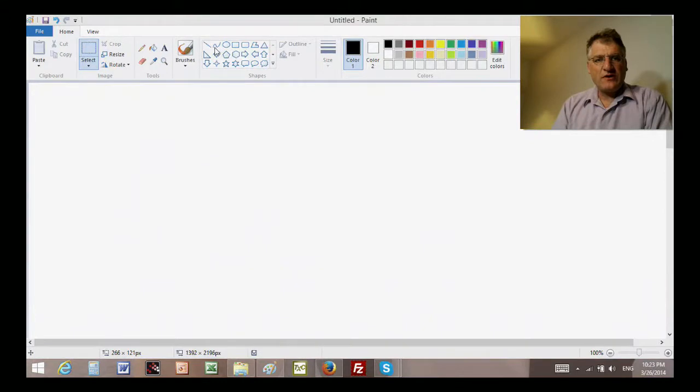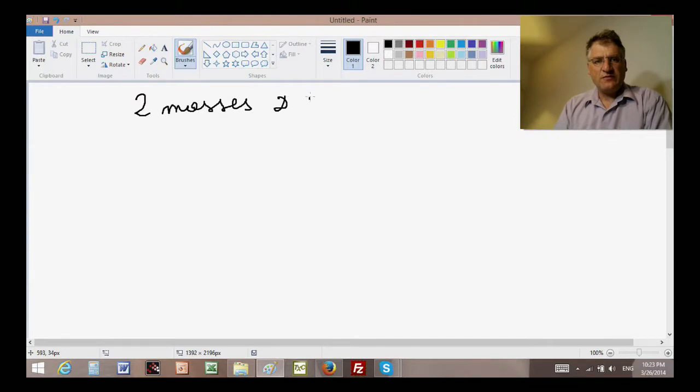So we are interested in the following system: two masses and two springs attached as follows.